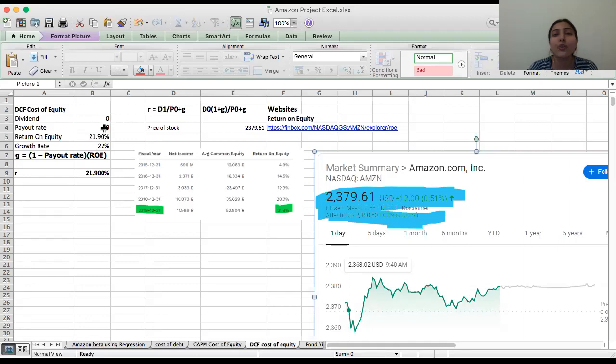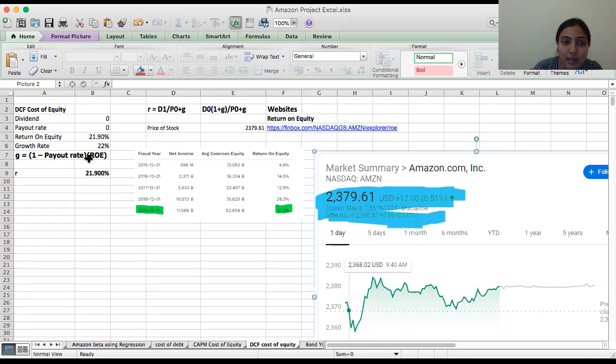In order to find the growth, there is one equation: 1 minus payout rate multiplied by the ROE, return on equity. Since my payout rate is zero, the return on equity is my growth rate, which I will show you here.